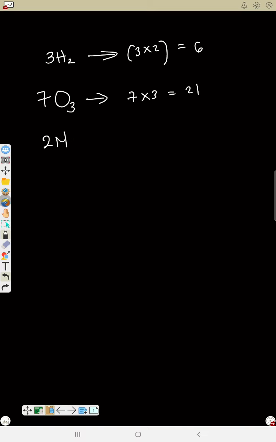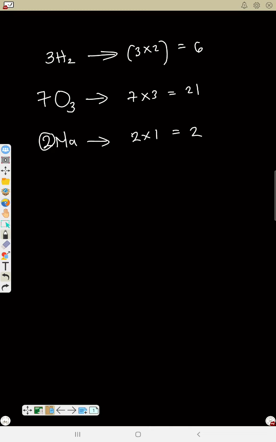This 2Na represents 2 molecules of sodium and it contains 2 times, now see the subscript is 1, but we don't need to be writing 1, so it's like saying 2 times 1, which is 2 atoms of sodium.